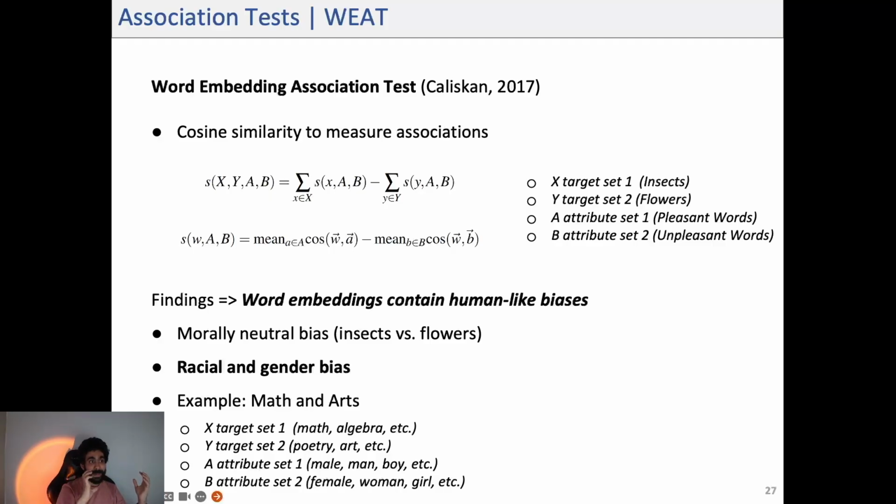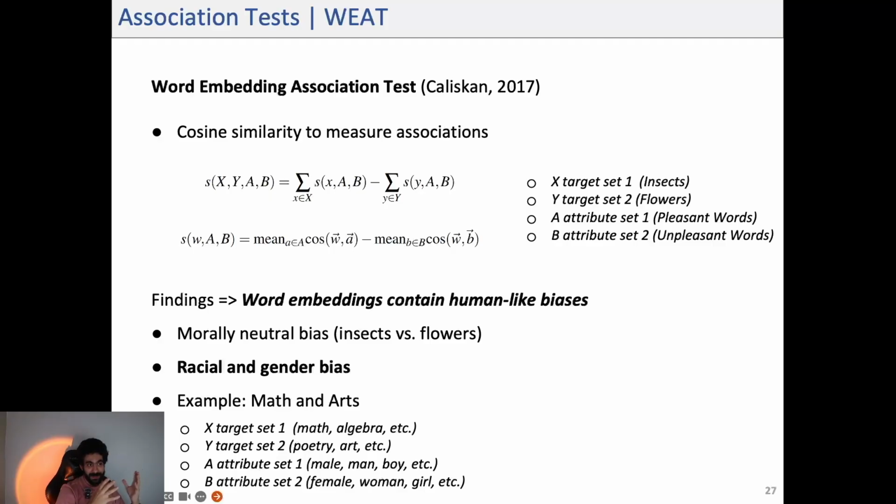A, pleasant, like health, freedom, cares. B, unpleasant, words like abuse, filth, and crash. We then calculate the difference in how close each target set is to the attribute sets. If one target group is systematically closer to pleasant and the other to unpleasant, this signals an implicit bias in the embeddings.